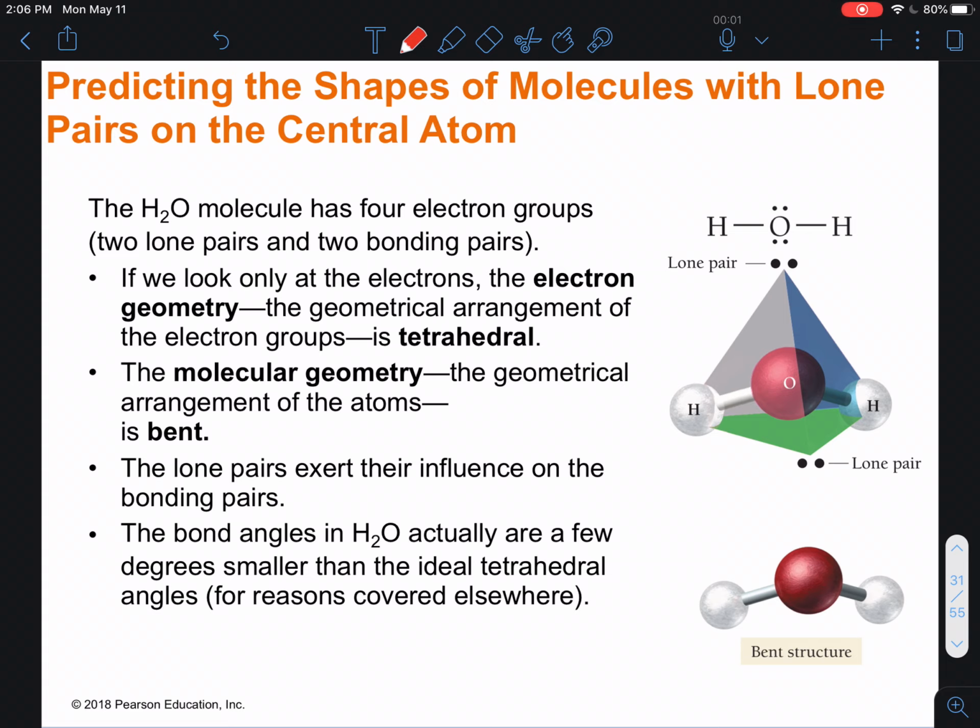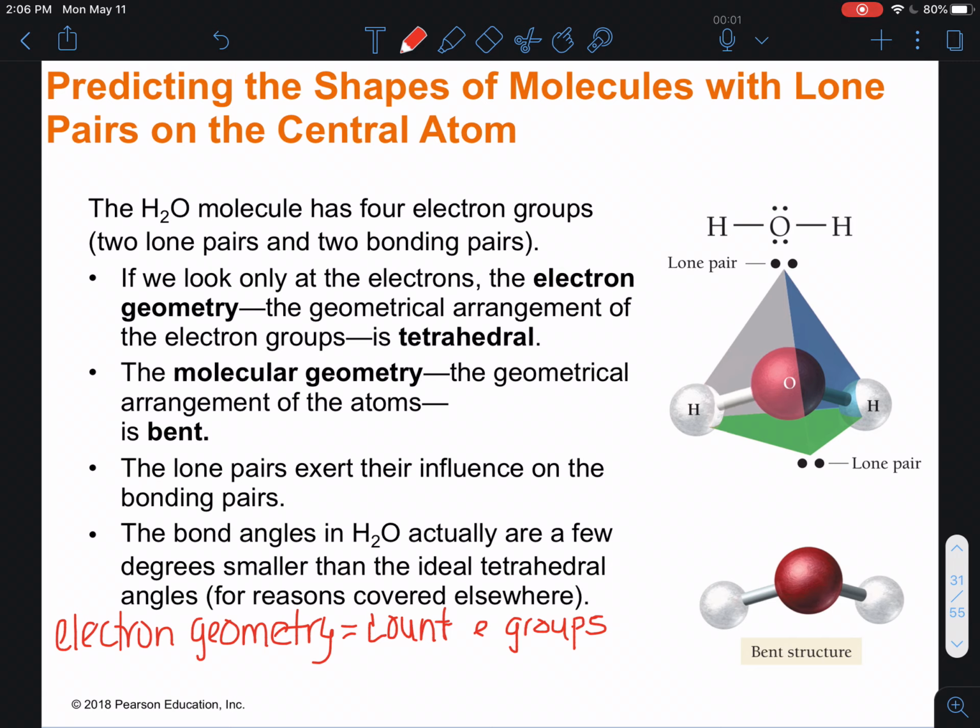So let's look at another one really fast. We're going to go back and look at water really quickly, okay? So remember, the Lewis structure for water is this guy right here. If we wanted to get the electron geometry, we count the E groups, okay?